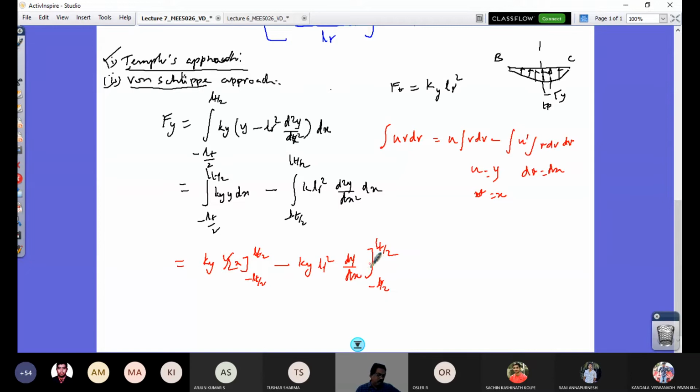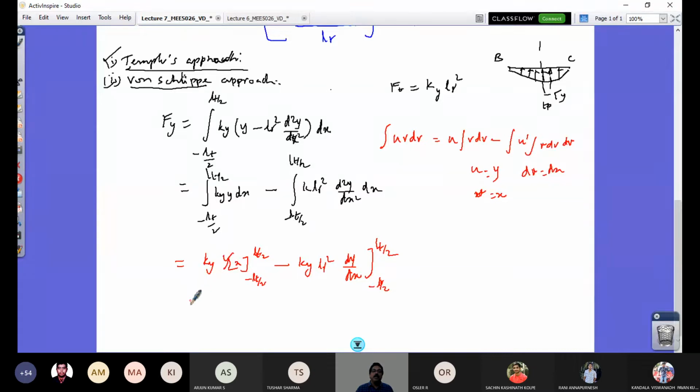Right? So this is what you would get in this step. What is happening to this portion is that if I take out kr L square, this is the integration of d squared y by dx squared, so the integral of this dx is dy by dx, one order less.